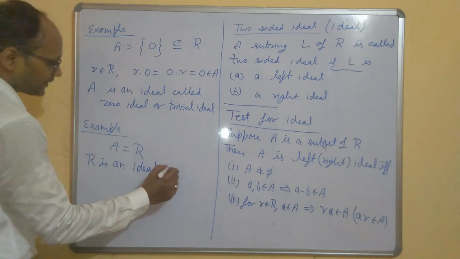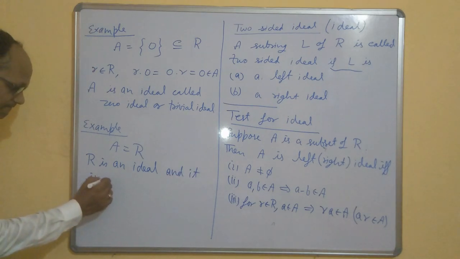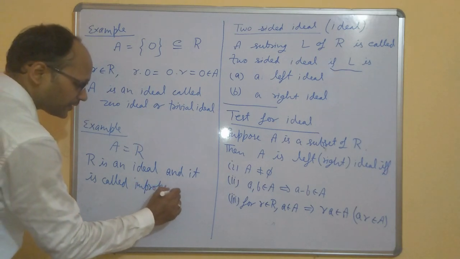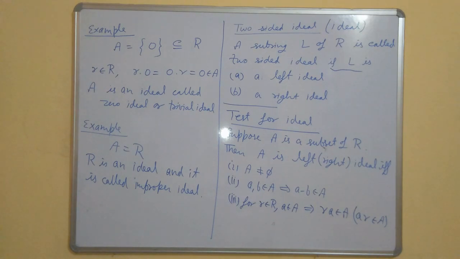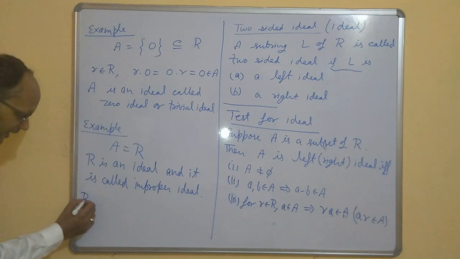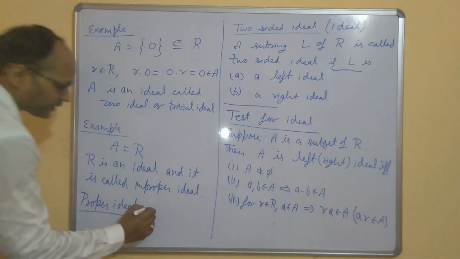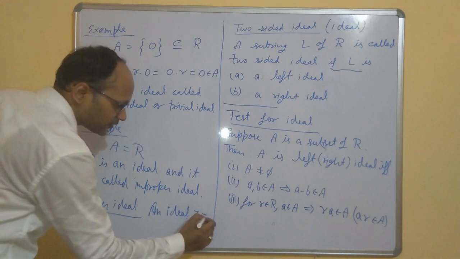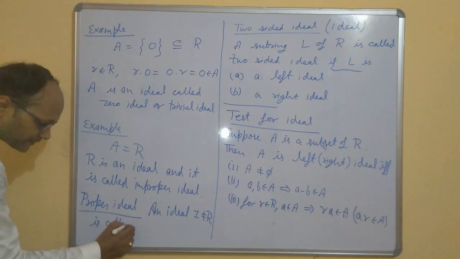This is called improper ideal. So what is proper ideal? An ideal I not equal to R is called proper ideal.